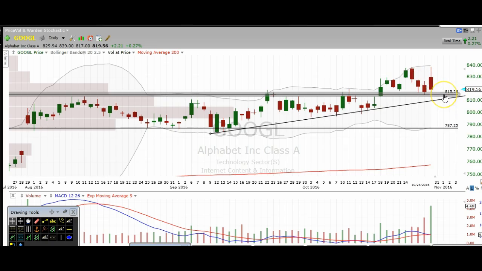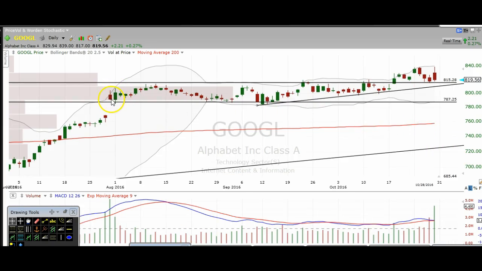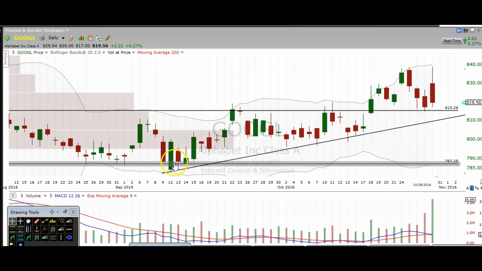Bears, you want to see 815 break, as well as this trend line break. If this trend line breaks, we're going to head down to 787, which is the nearest support. You can see 787 is a key level here, several tests right there, several tests right here as well. So be aware of these two levels on Google, and you should do just fine.